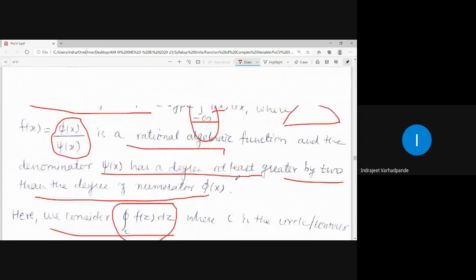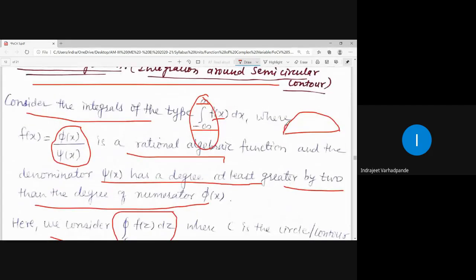How is it divided into two portions? See, I took this semicircle right now. I told you this is a semicircular contour. So over this real axis from minus r to r, I will trace this integration to take this integral region completely. I will have it in two parts.